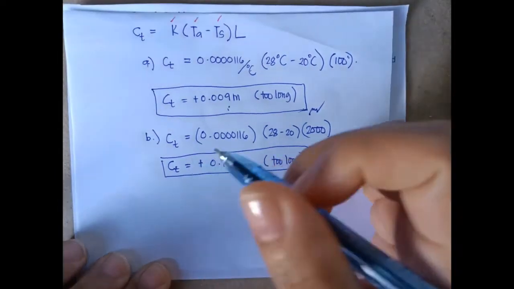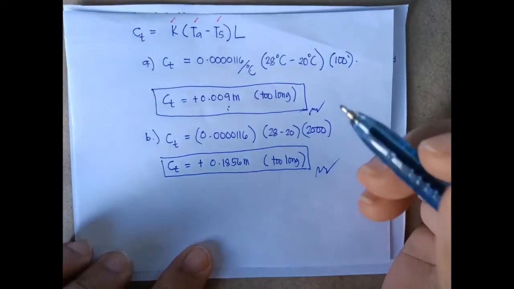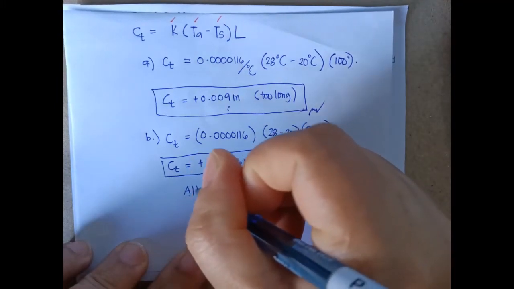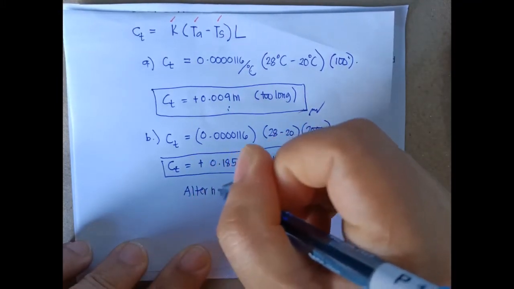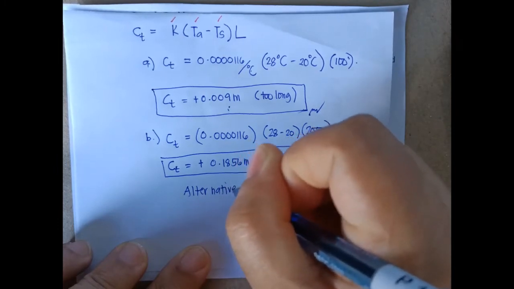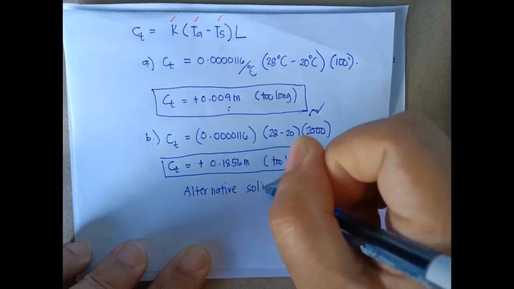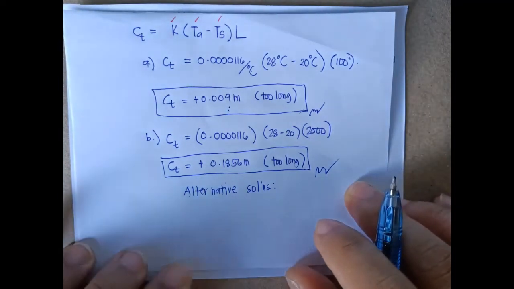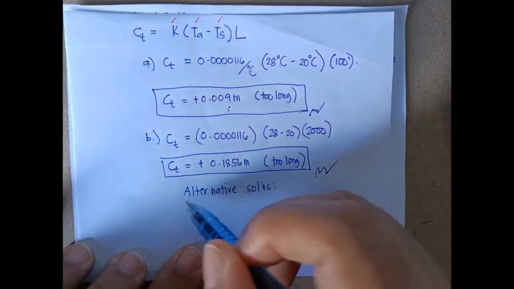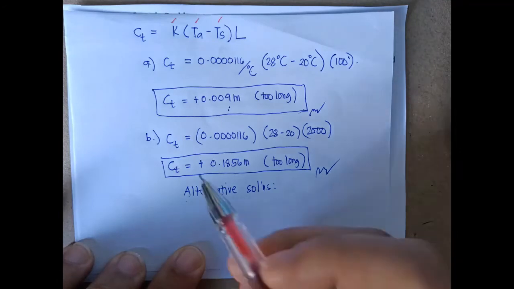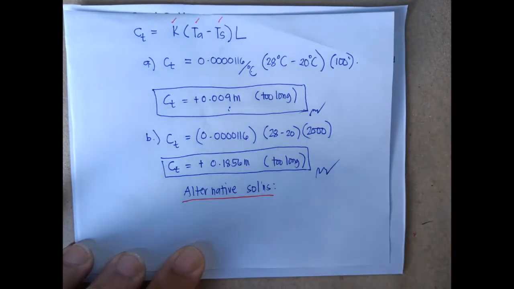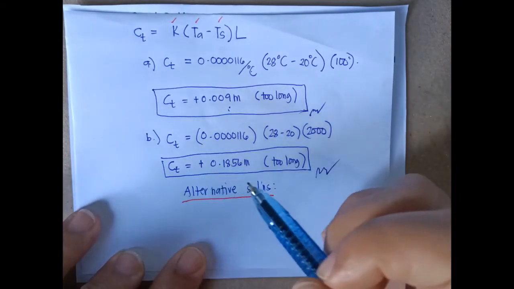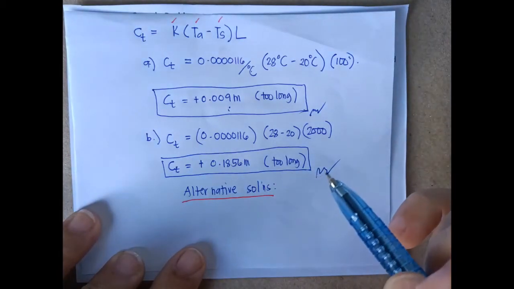There is also an alternative solution for item B. We are given the correction per tape length, and we are asked for B, the total correction of the distance.